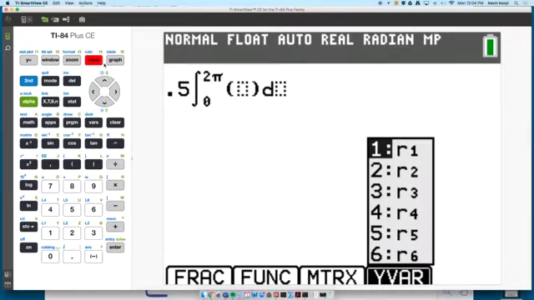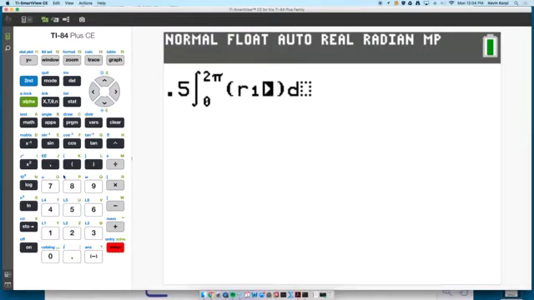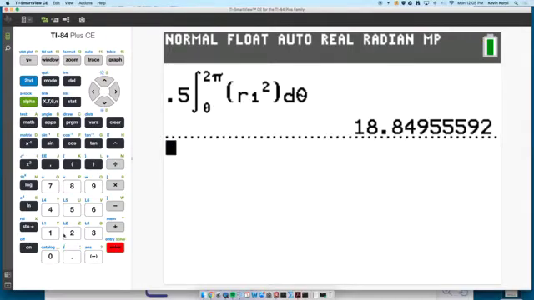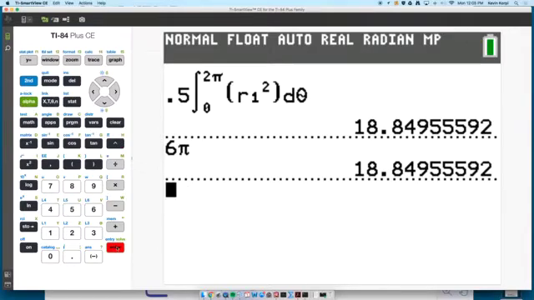When you're in polar mode and you hit alpha trace, you get your r's. So I had mine in r1 squared with respect to theta. So you can keep it in polar mode. You get that, and you get 18.849, which should be 6 pi. And it is. Pretty sweet.